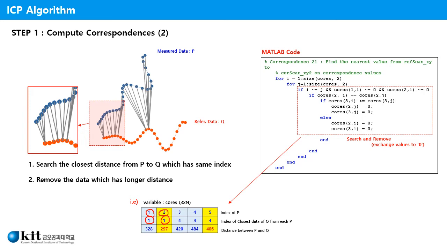So we have to remove the information which has the further distance than the others. It is further than this, so we have to remove this information. This is the MATLAB code.